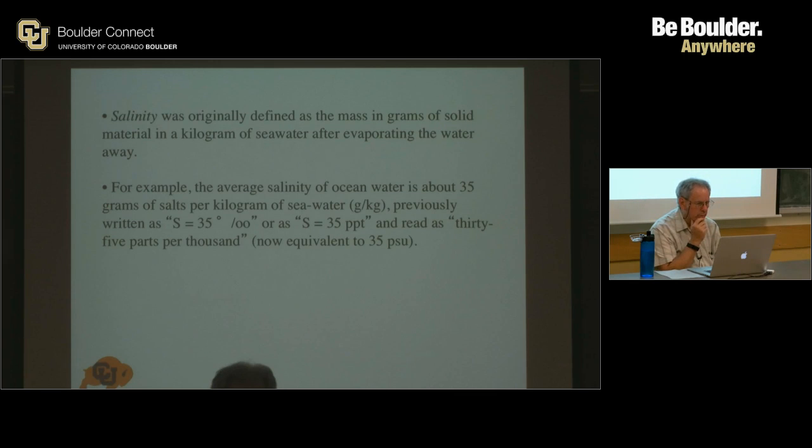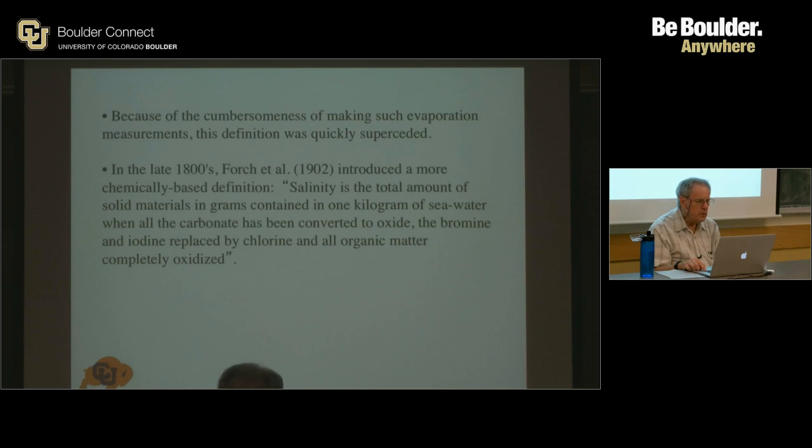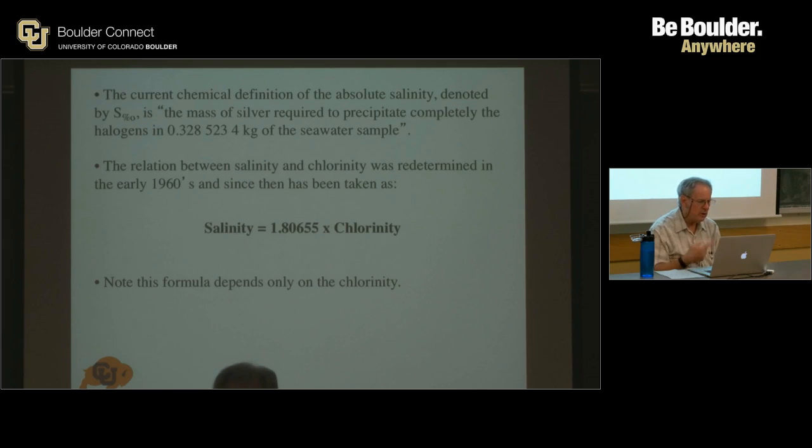So you had this chemically based definition way back in the 1800s. They eventually fell on this one, and you have to realize in those days they found salinity by titration, which is a horrible job, especially at sea with a ship going like that, trying to titrate.